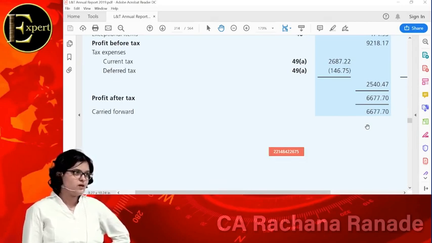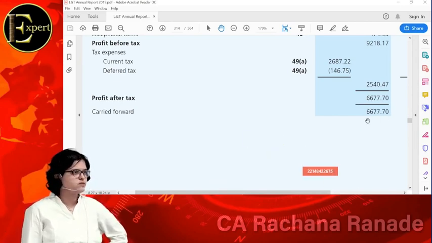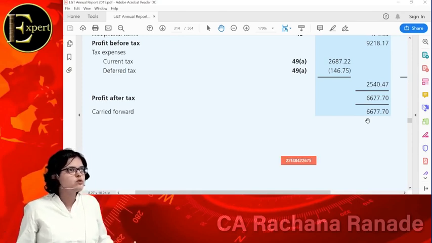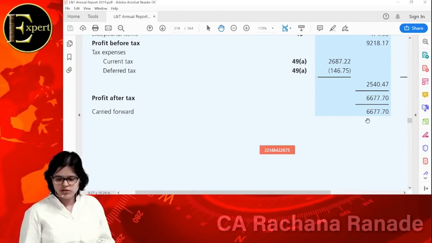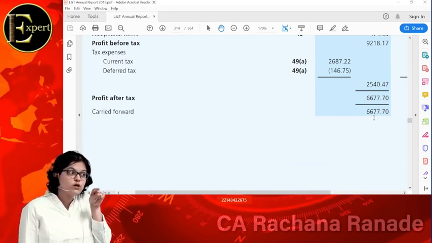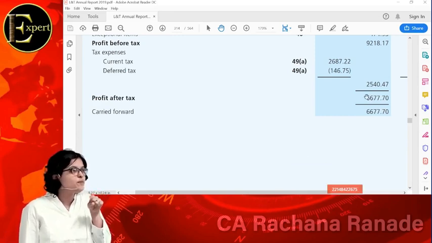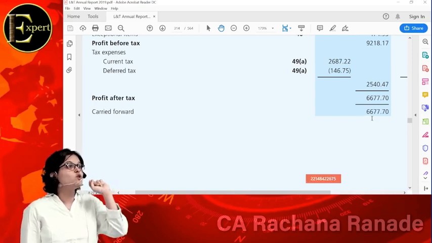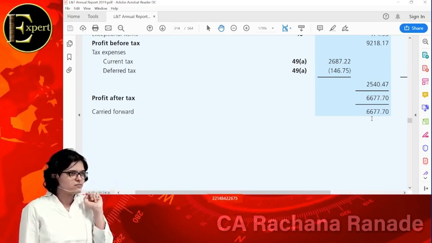Shareholders. Finally we say whatever is the profit of the business, that is of the owners of the business. And who are the owners of the business? Shareholders. So this money has to go to which side of the balance sheet? Shareholders funds. This should be added to shareholders funds, so it goes to the liability side.